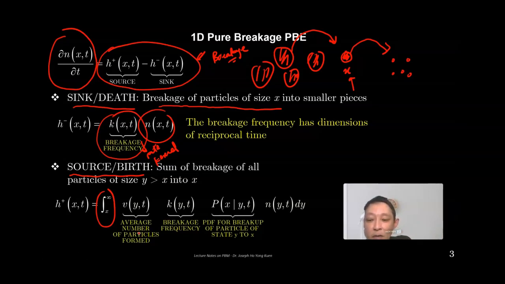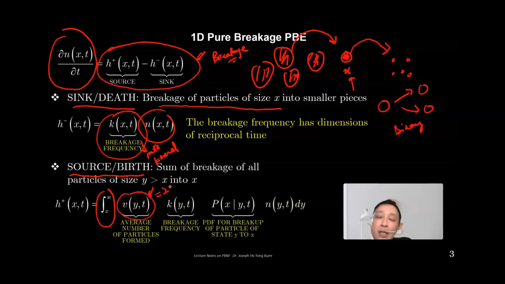And within the integral, this first term here is the average number of particles formed. For example, if you have one particle capable of breaking into two particles, this is what we call a binary breakage. If we have a binary breakage, then this term is equal to 2. It's just a number. If you have a ternary breakage, where your particle is capable of being fragmented into 3 pieces at any one time, then you would have this as 3.